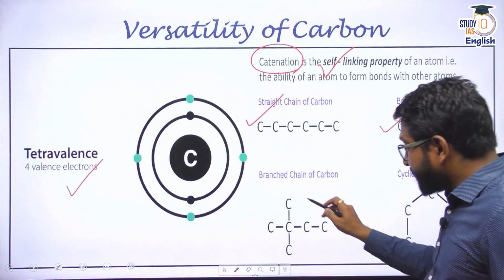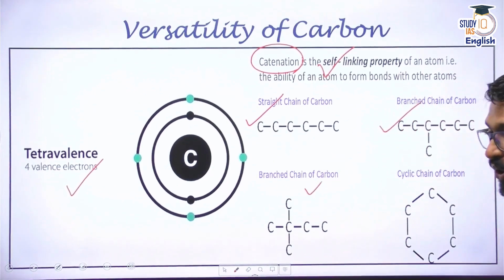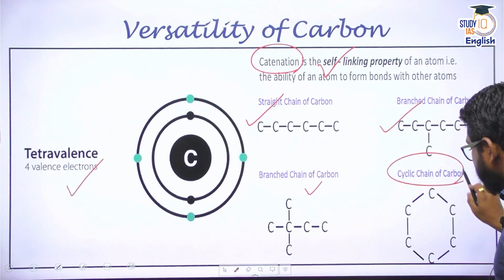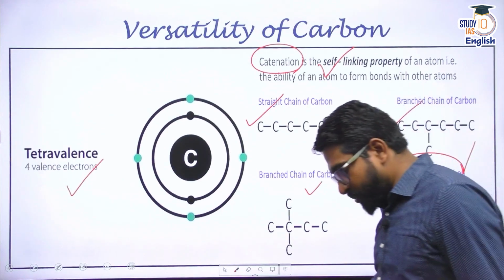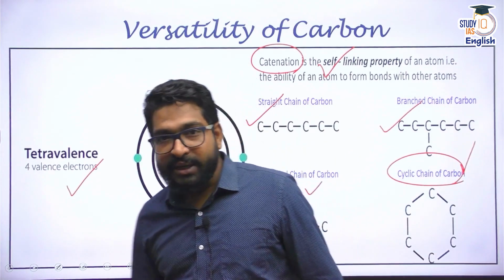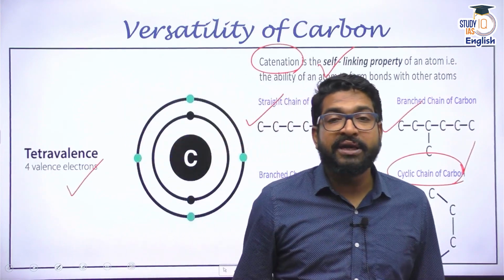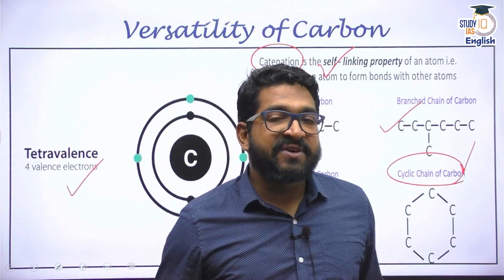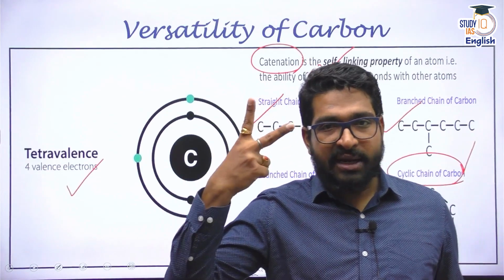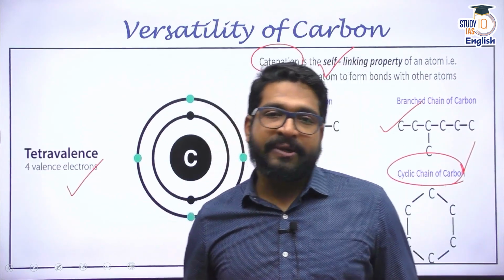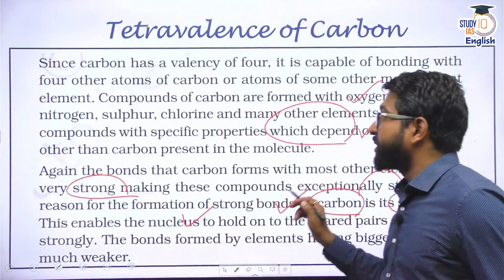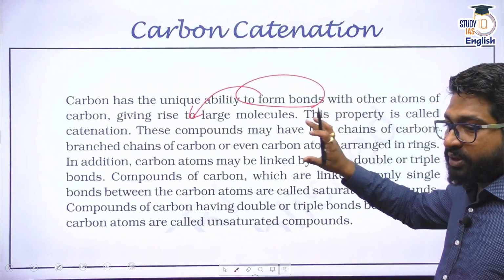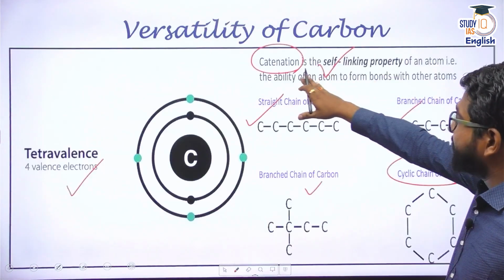It can also lead to different branched chain carbons, something like this, or it can also lead to cyclic carbon compounds. We'll talk about them in some time, but I hope you have already gained the insight that carbon is very versatile because of two reasons: tetravalence and the property of catenation, right? So you need to remember, if I ask an MCQ, what is catenation?